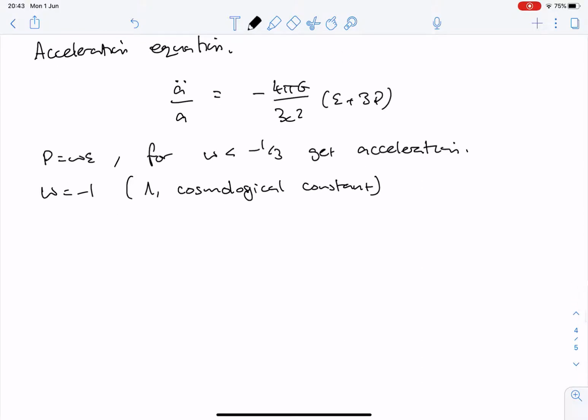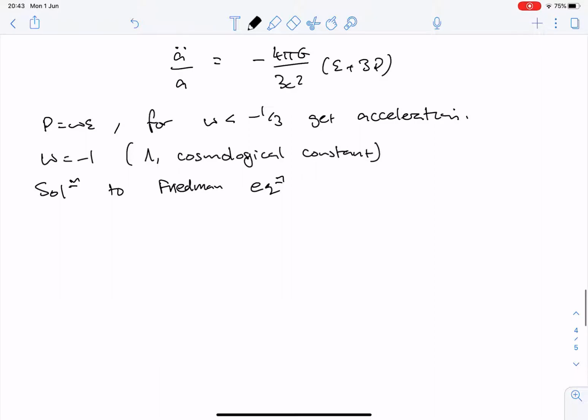And that gives a solution to the Friedmann equation, which is a of t is proportional to e to the H_I t. And I'm using this H_I here, I'm going to call that the Hubble parameter at inflation.